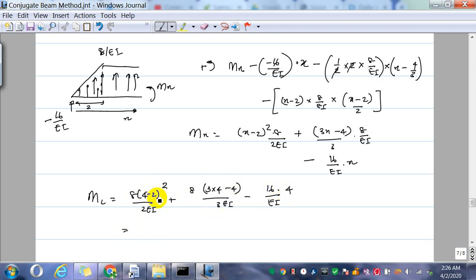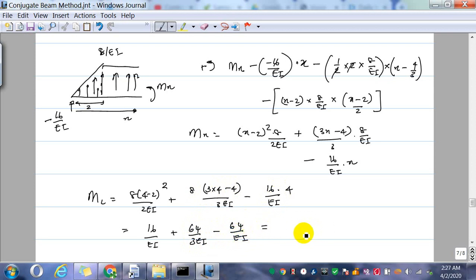So 4 minus 2 is 2, squared is 4, 8 into 4 is 32, divided by 2, so 16 over EI, plus here 12 minus 4 is 8, so 8 into 8, 64 over 3EI, minus here 64 over EI.